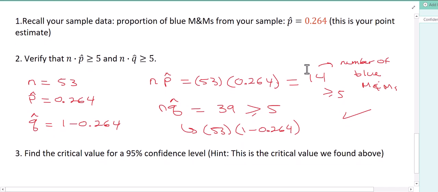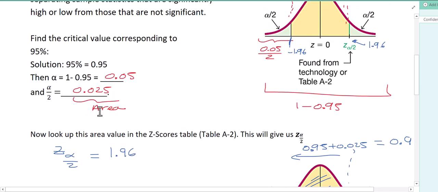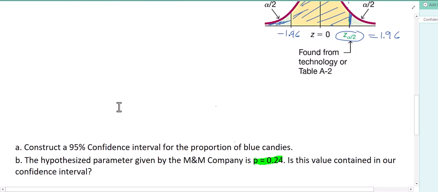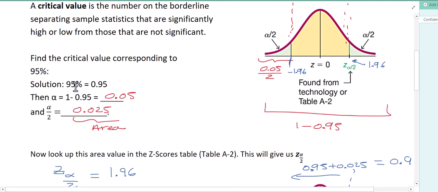Now part 3 is find the critical value for a 95% confidence level. This is the critical value that we found above. Right, so I'm going to go back here. I would technically have to do the same thing. If instead I had asked for a 90% confidence level, then you would go through this process. 90% is 0.90, 1 minus 0.90 is 0.1, then alpha over 2 will be 0.05, and then you go find the areas.